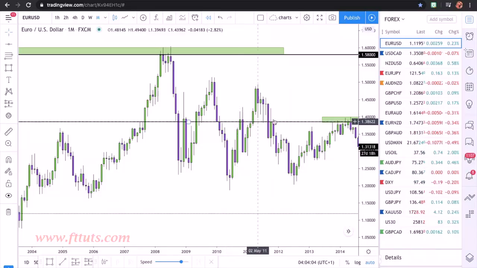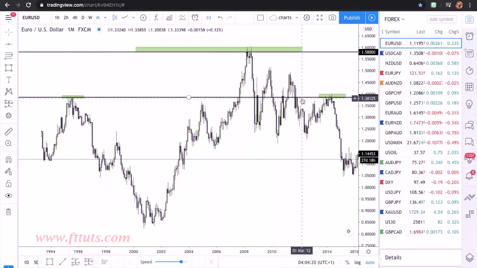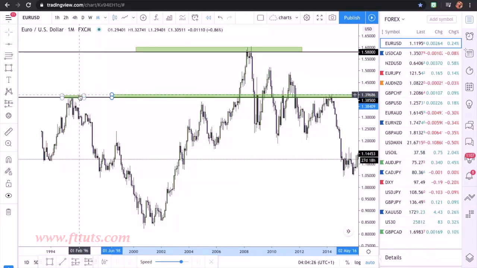It's cutting through these candlesticks, but it's not a huge thing. Again it comes down, tests, and closes below this price. There's lots of price action happening around that 138.5, so that is a good key level. We can take this zone and highlight it across the board.